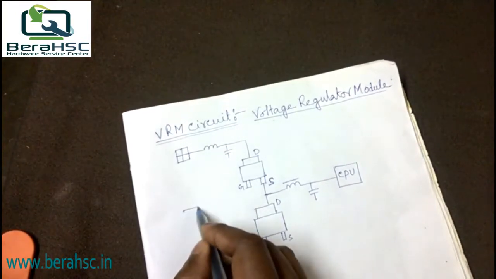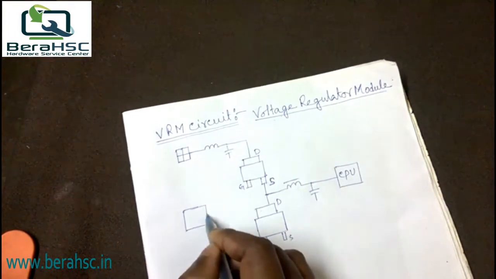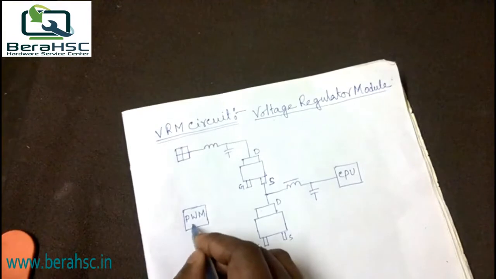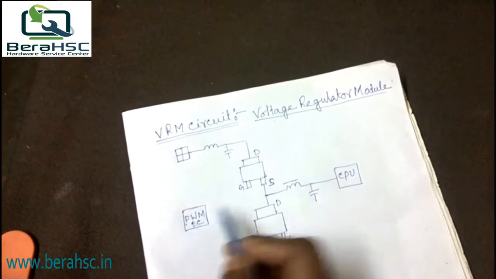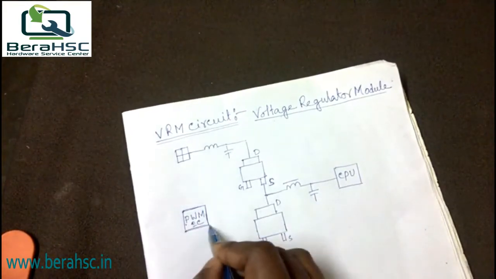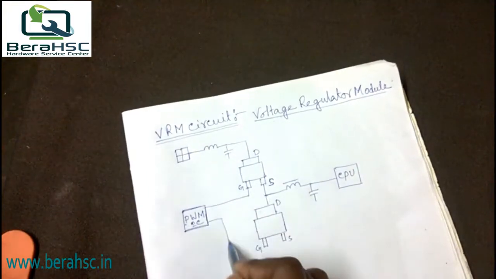And this is the PWM IC. PWM means pulse width modulation. This IC operates these two MOSFET gates.